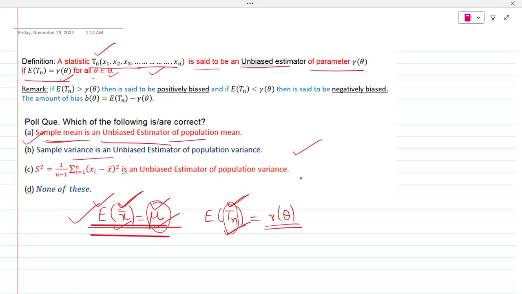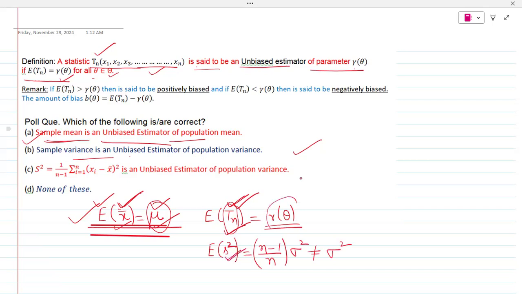Sample variance. Now, the expected value of sample variance, we have derived, is equal to n minus 1 by n times sigma square, which is not equal to sigma square. Here, what is our Tn? Tn, the estimator, the function of sample observations, is s square.